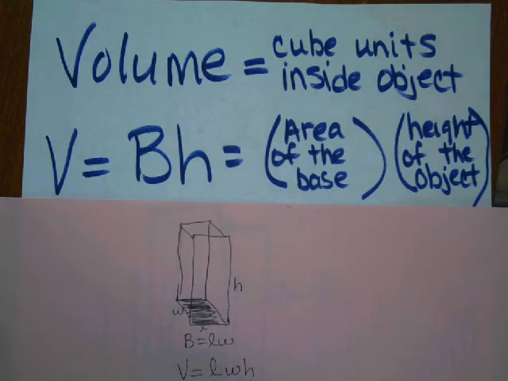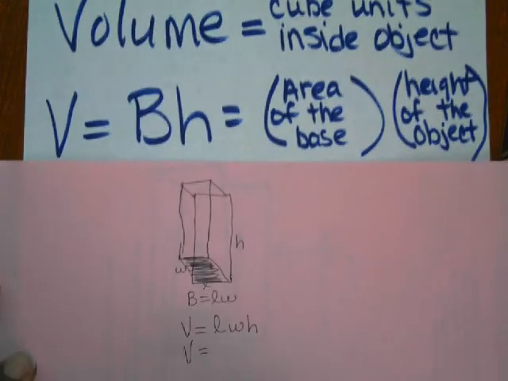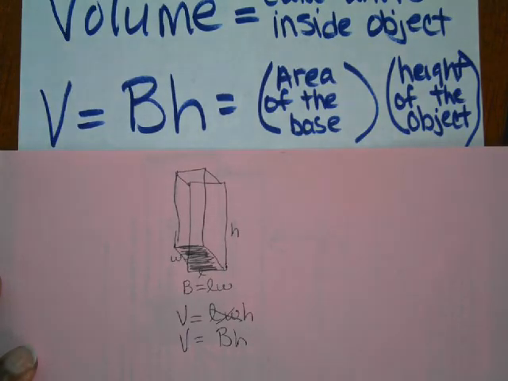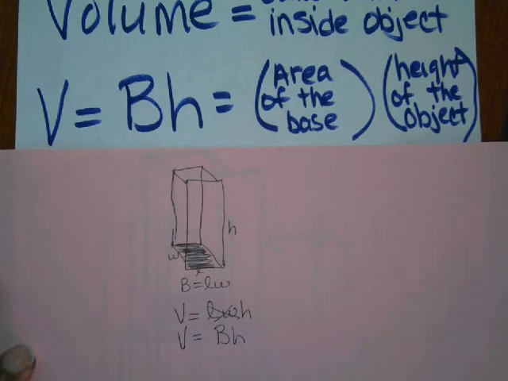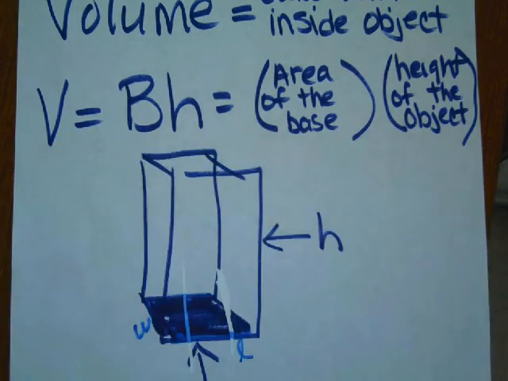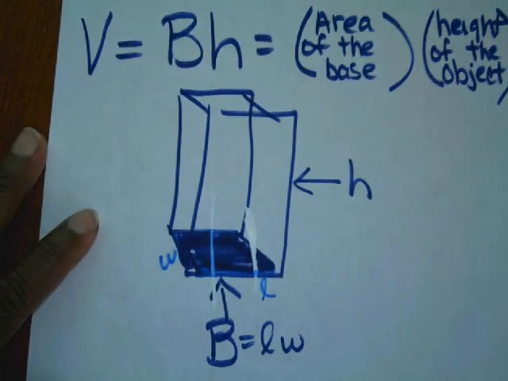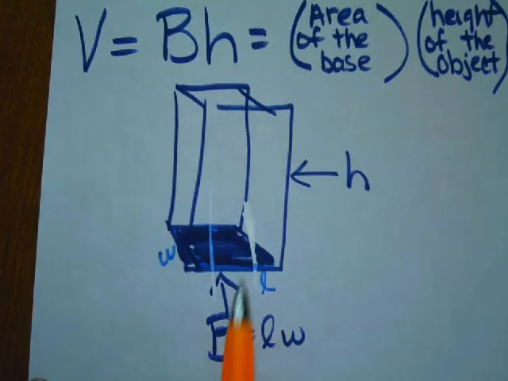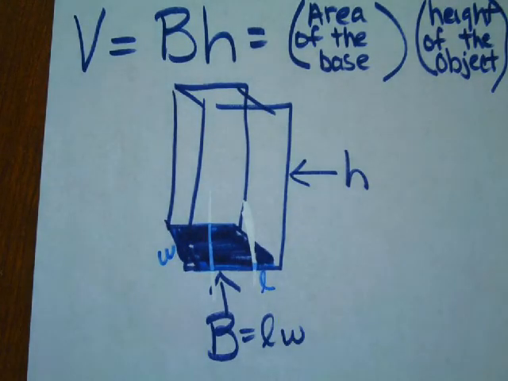But in high school, because mathematicians are lazy and they don't like to write, they changed the L and the W to a capital B and then just wrote the H. Same thing from junior high, just written in shorthand. So one more time: area of the base, the capital B, times the height. That's what you're doing for volume.